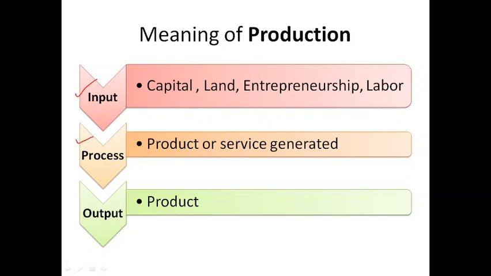Process means using all the inputs for generating outputs, and output means the final product we get. So simply we can say that when inputs change into outputs through a process, it is called production. Clear? Now what is production function?